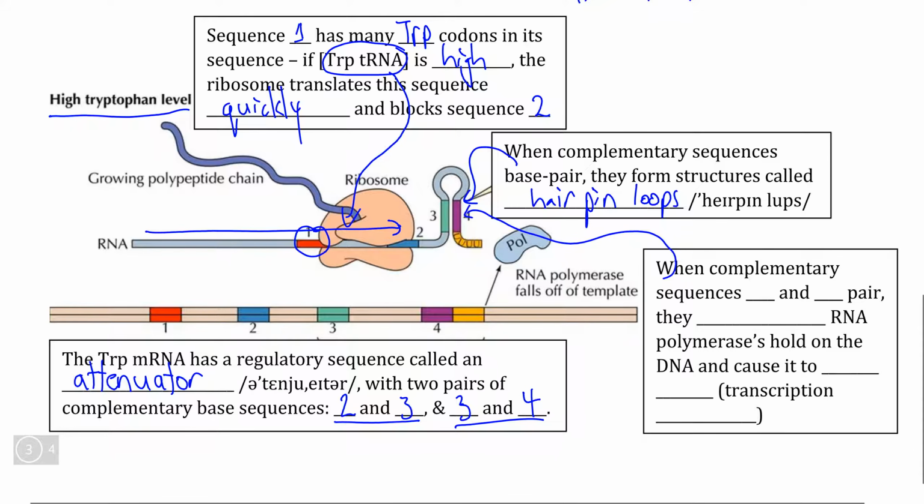which means here that a hairpin loop forms between sequences 3 and 4 in the attenuator.